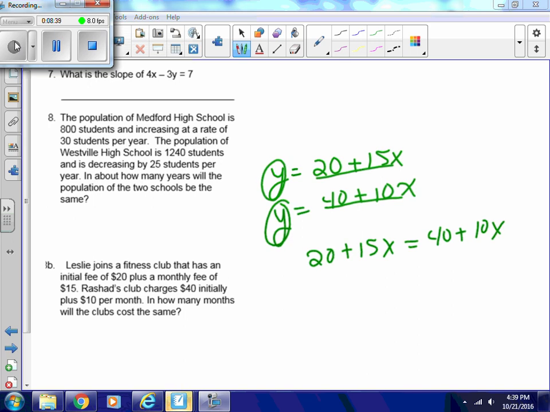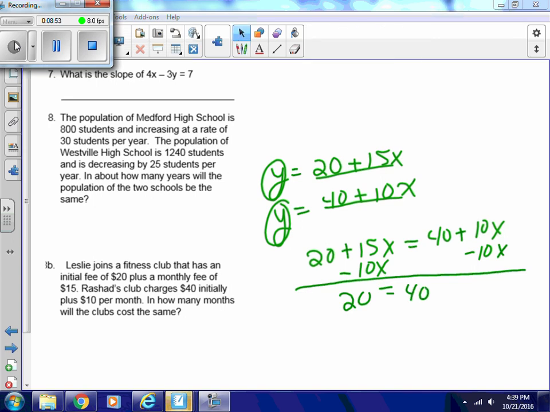To get x alone, or on one side, let's subtract 10x from both sides. And we see that 20 equals 40. Oh no, I missed something. Sorry. 20 doesn't equal 40. 20 plus 5x equals 40.